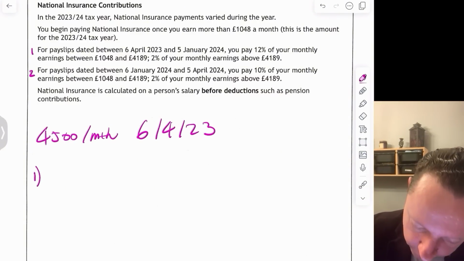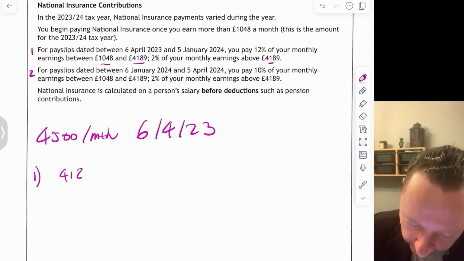Looking at 1, from the months, he's got 4,500, so that's above this. So the first thing I do is do this number minus this number, 4189 minus 1048.